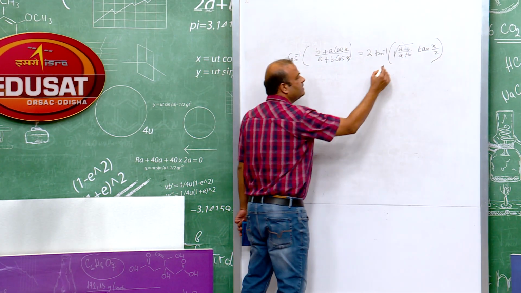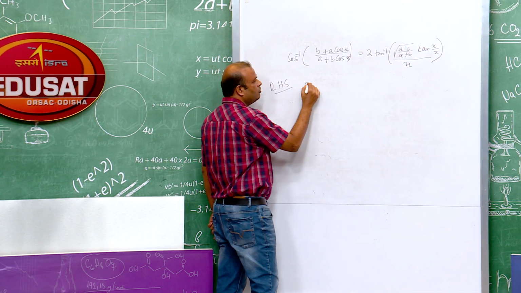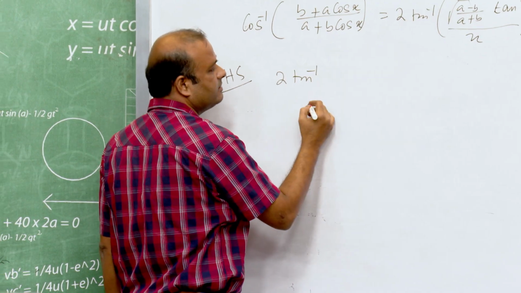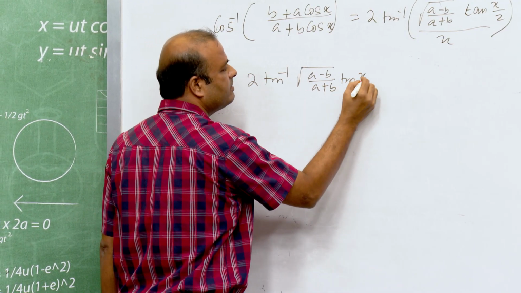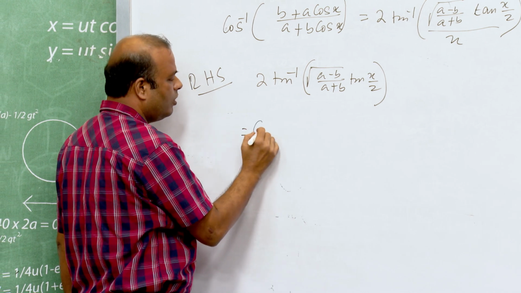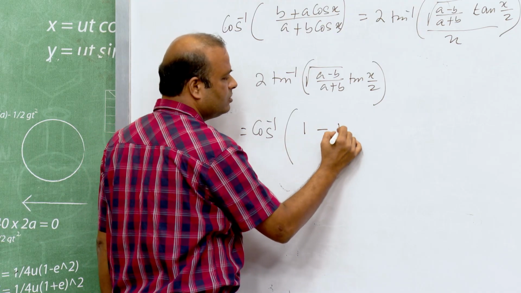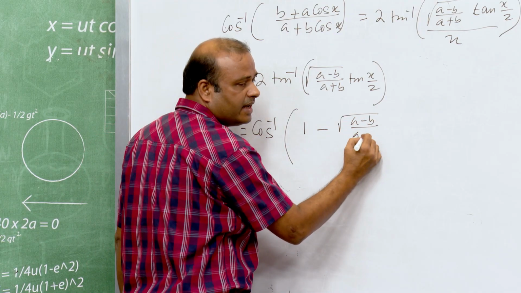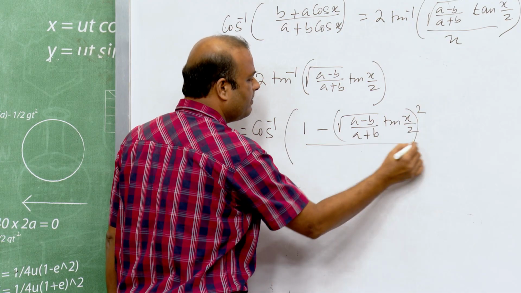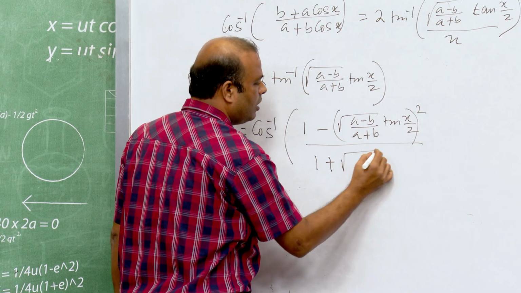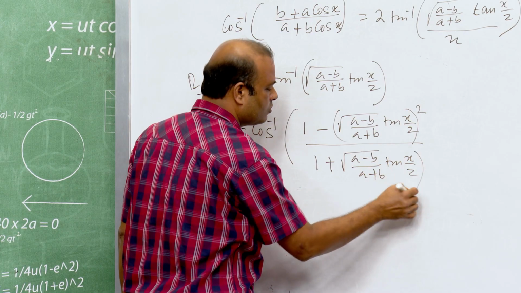So let us take this one as x. So take the RHS, 2 tan inverse x, that is root over of (a minus b) by (a plus b) tan x by 2, which is cos inverse of (1 minus (root over of (a minus b) by (a plus b) tan x by 2) whole square) divided by (1 plus (root over of (a minus b) by (a plus b) tan x by 2) whole square), right?